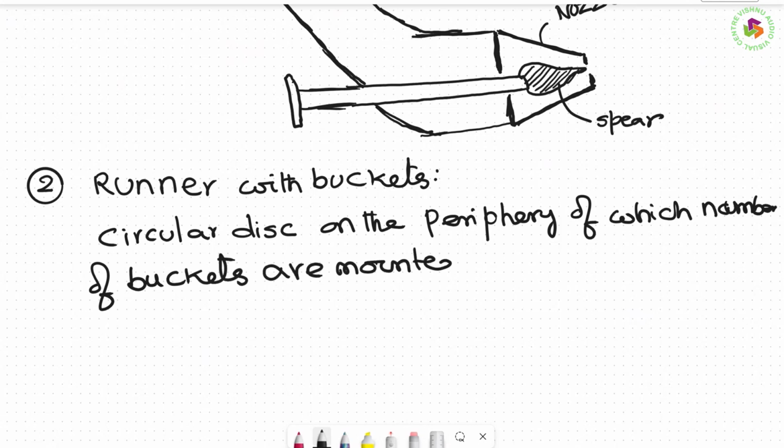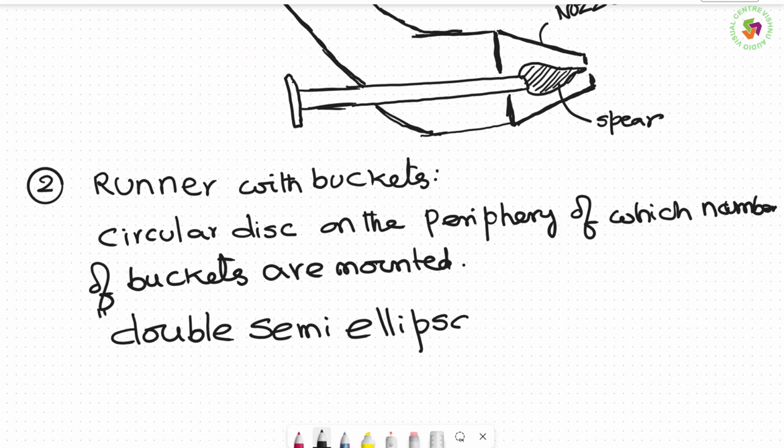You also know that if the bucket shape is semicircular, automatically we get 100% efficiency. But in the case of the Pelton turbine, it is not semicircular, but it is double semi-ellipsoidal cups. The shape of the bucket is double semi-ellipsoidal cups.